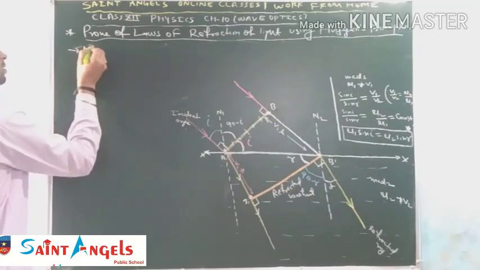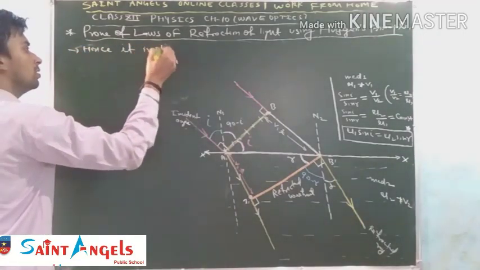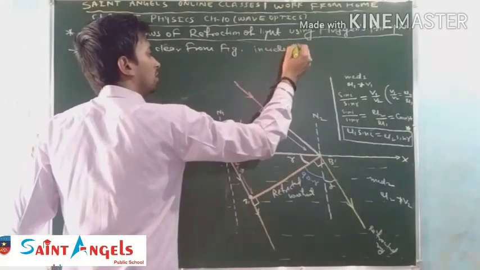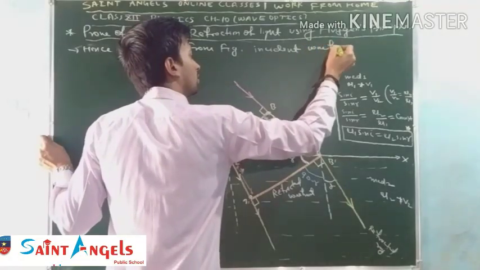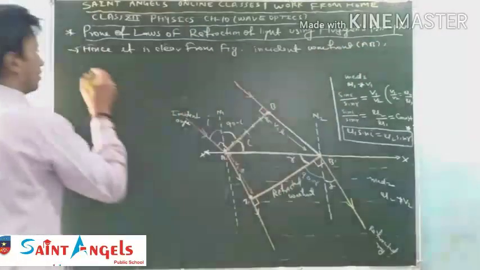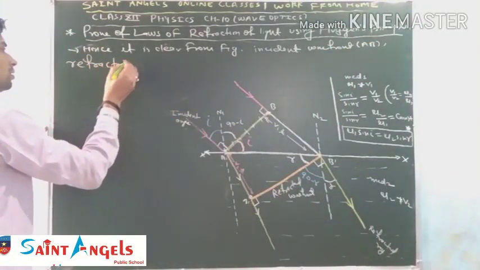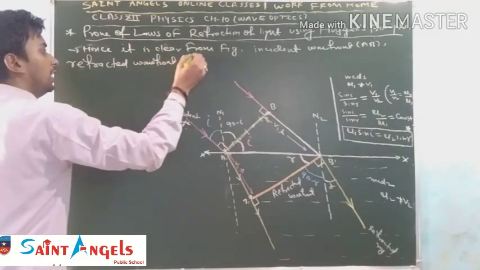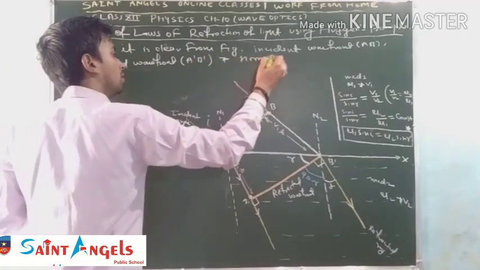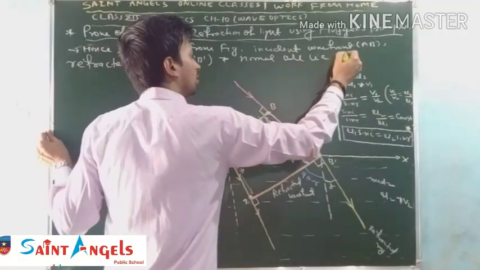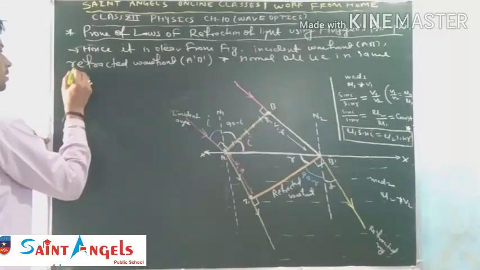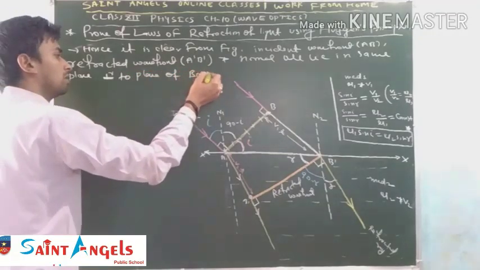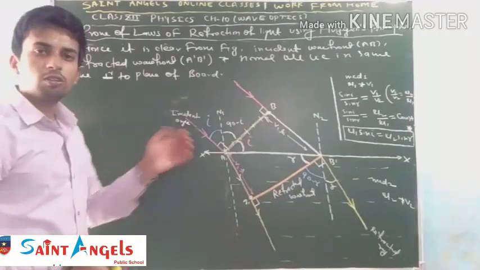So hence it is clear from the figure that the incident wavefront AB, refracted wavefront A dash B dash and normal all lie in the same plane perpendicular to the plane of both. Hence, it is the second law of refraction.